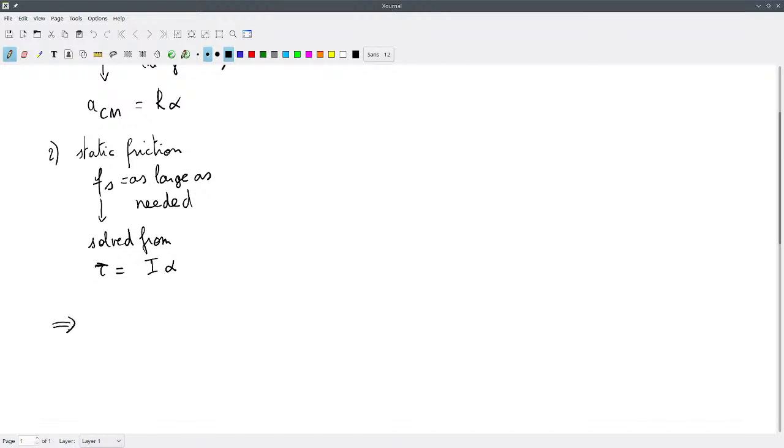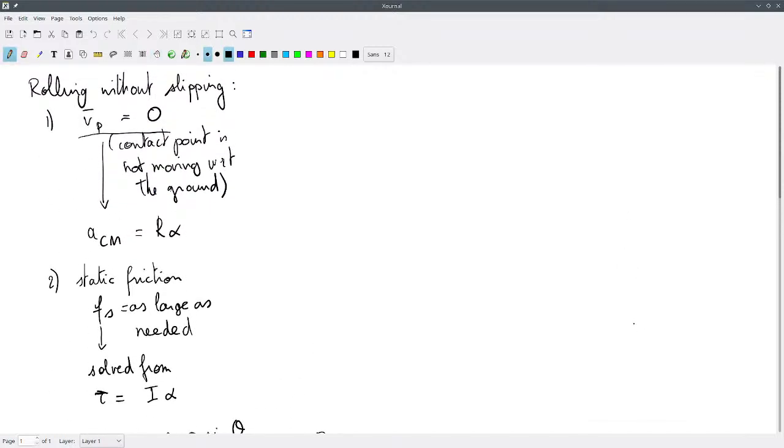ultimately we end up with a linear acceleration, which we derived last time. That was a equals mg sine theta over m plus, and then our moment of inertia plays a role, I over r squared. And that was related directly to the angular acceleration. So that's what we did last time.